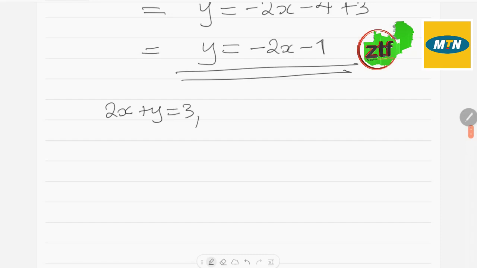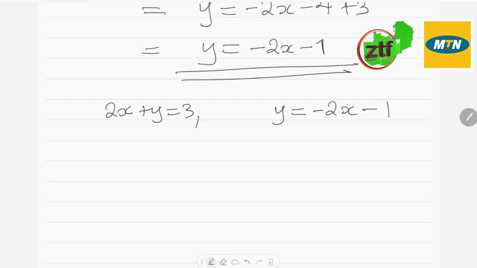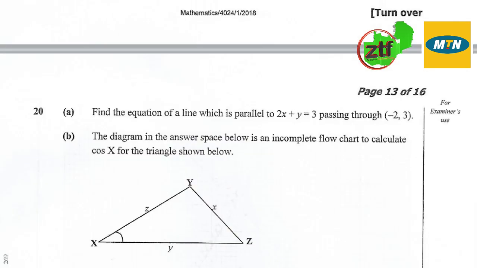Now, let us compare the two equations. The first equation given was 2x plus y equals 3. And the equation that is parallel to this equation is y equals negative 2x minus 1. So now when you look at the two equations, you'll be able to see that we have ascertained that parallel lines have equal gradients.